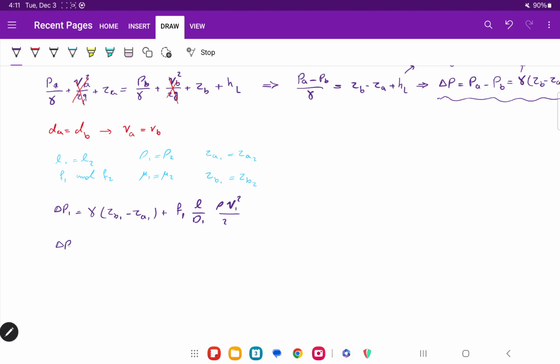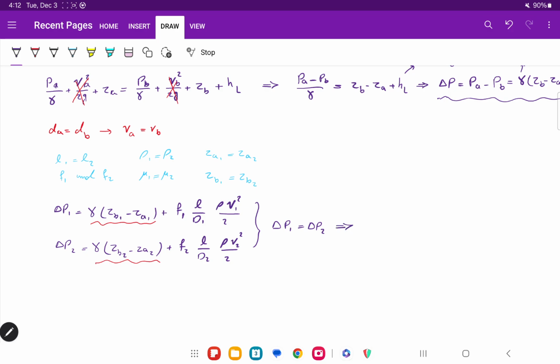And for delta P2, we have gamma ZB2 minus ZA2 plus F2 L over D2 rho V2 square over 2. So if dP1 equals dP2, these terms are equal, so they are gone.